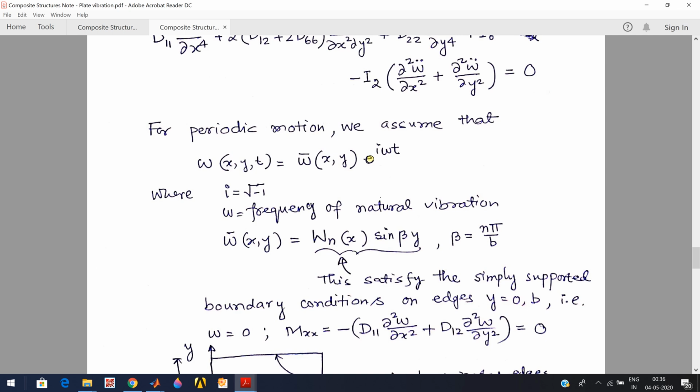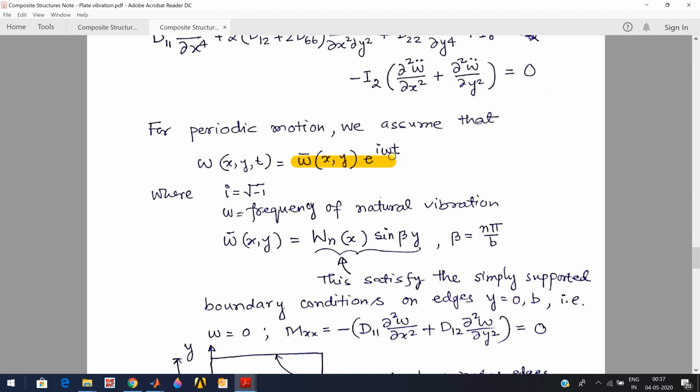So here you can see, for periodic motion we use the deflection as w bar xy times e to the power i omega t, where, sorry, this is w and this is omega. I sometimes make a mistake in saying this, and maybe my handwriting is also not very nice to distinguish these two.